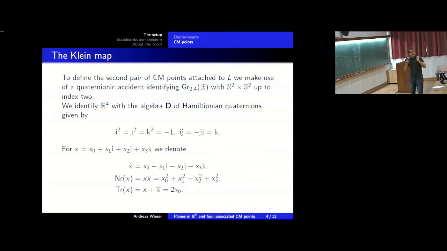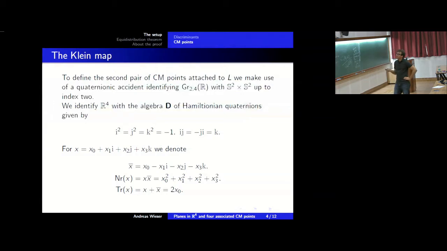It does that in a nice fashion. If you take a rational subspace, the lines through the 2 vectors that you see are also rational, which would be completely clear from the formulas. What we want to do is identify our R4 with the algebra of Hamiltonian quaternions, which gives us additional structure.